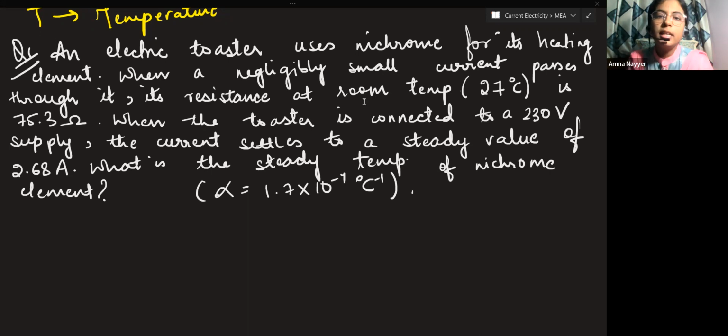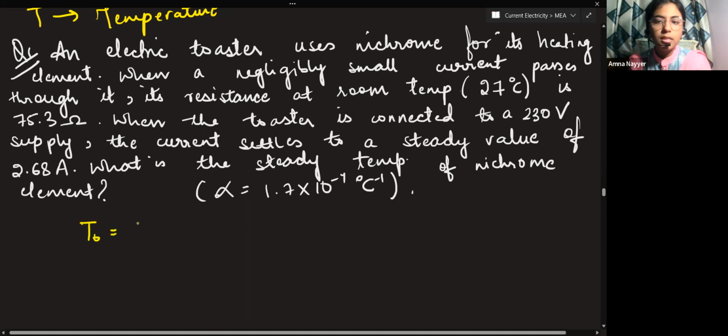So what does it say? It says an electric toaster uses nichrome wire for the heating element. The resistance at room temperature, where room temperature is 27 degrees Celsius, we take as R naught.